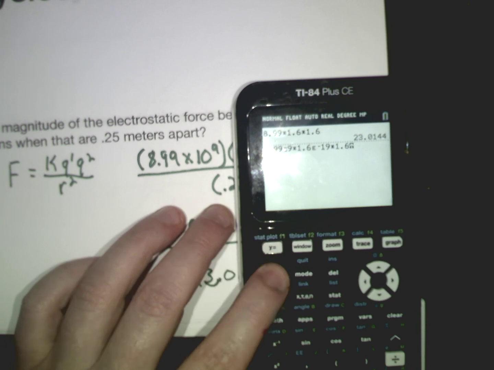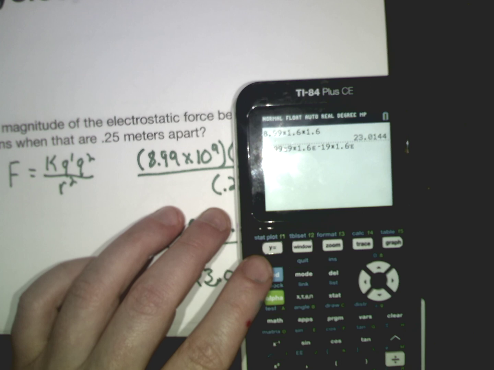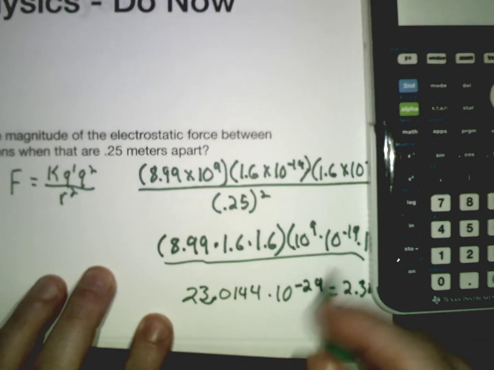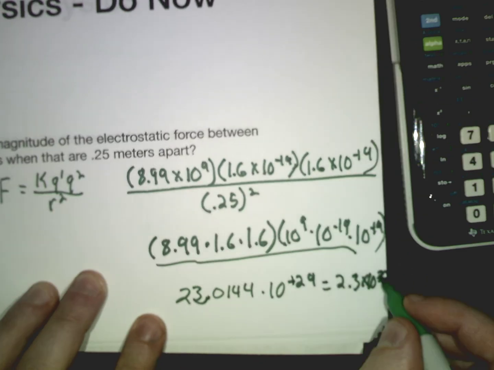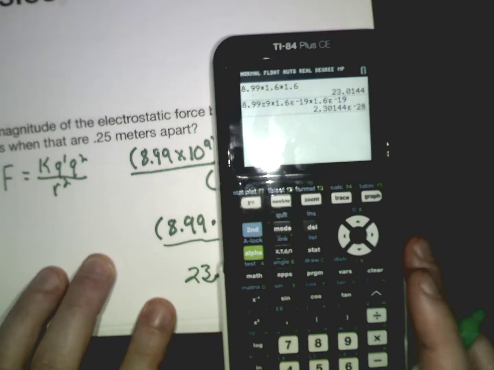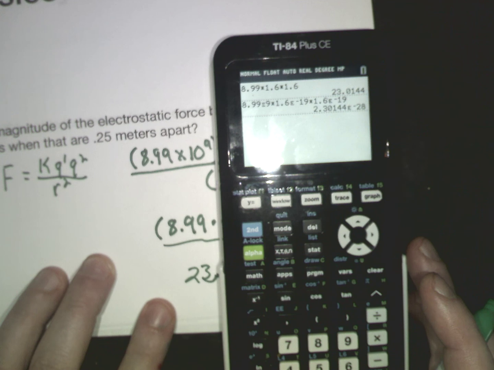Hope I'm doing this right. Oh, negative 28 because I'm moving it to the left. Sorry, 28. 2.3 times 10 to the negative 28. Just a different way of doing it. Okay, this is the right answer.